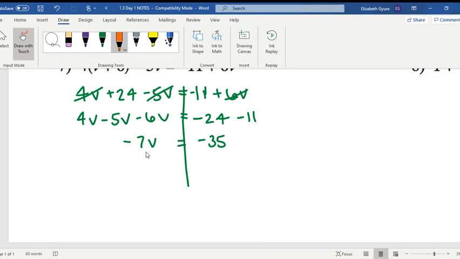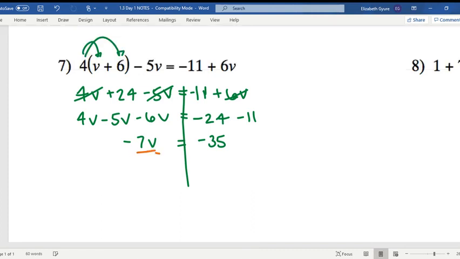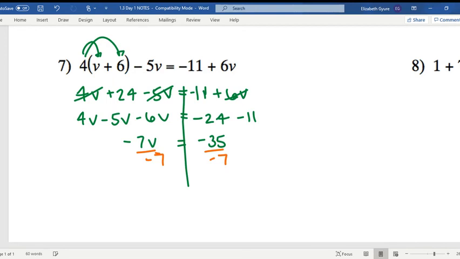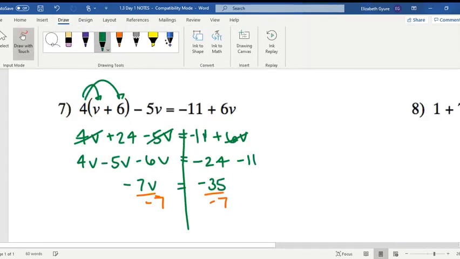Yep, so we're going to divide both sides by negative 7. Good. My pen turned off. Negative 7. Good. So your final answer should be v equals 5. Good.